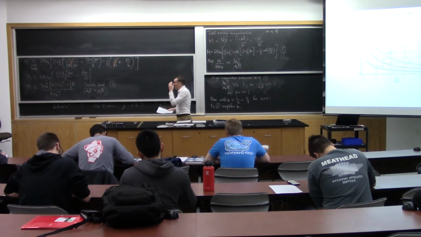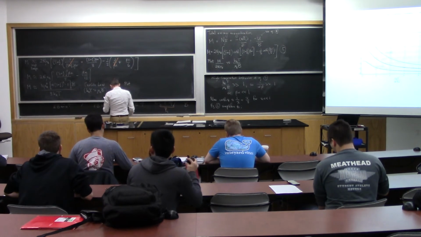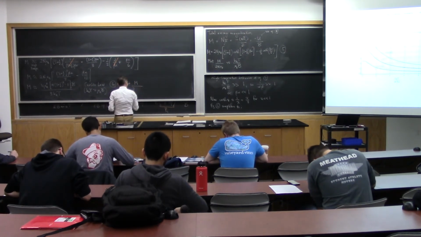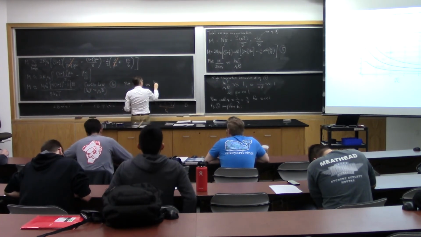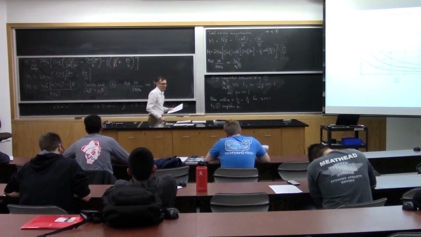And now you can plot that. So that's what I did. I plotted big M over 2N mu B versus kBT over mu sub B times capital B, just like before.